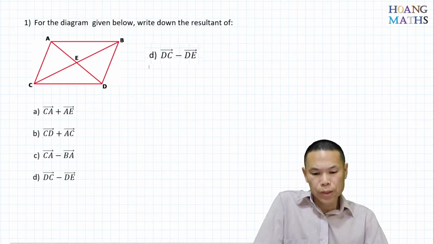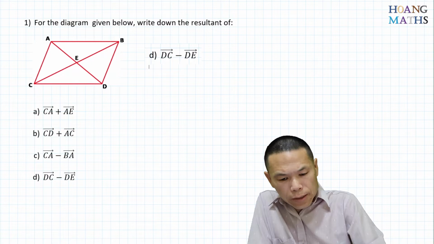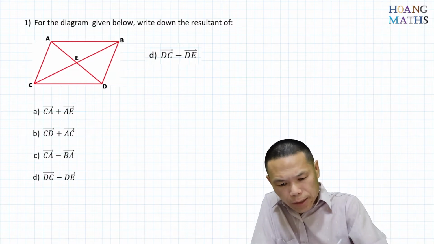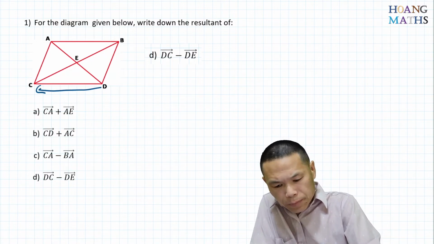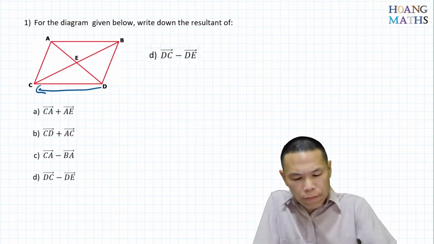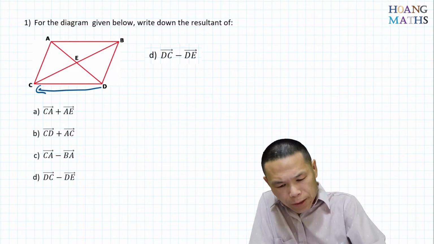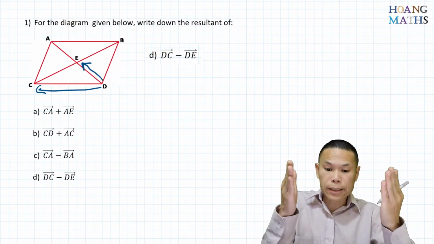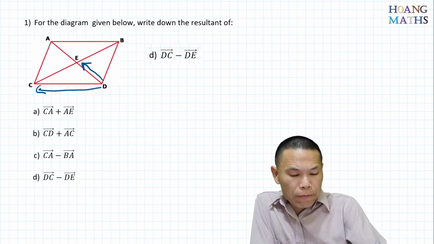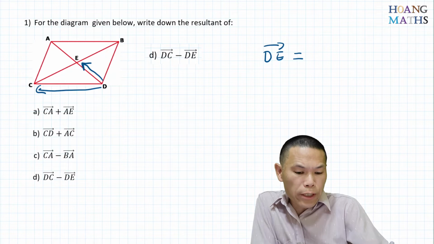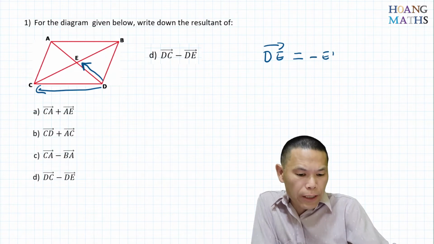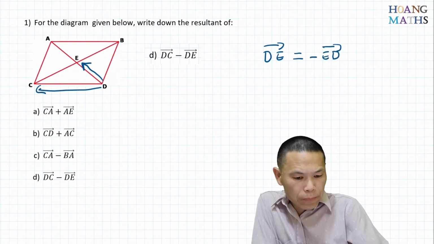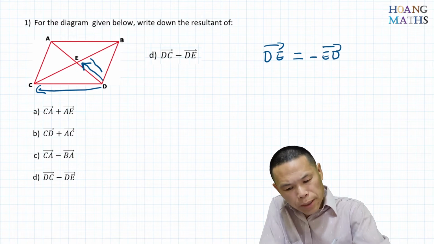Part D. The vector DC, so DC is here. And then we minus vector DE. So DE is here, but we minus it. Remember, vector DE is equal to negative vector ED, because it's just opposite directions.